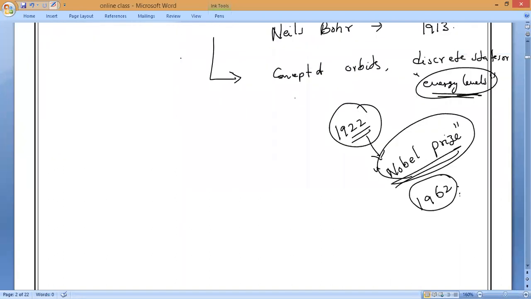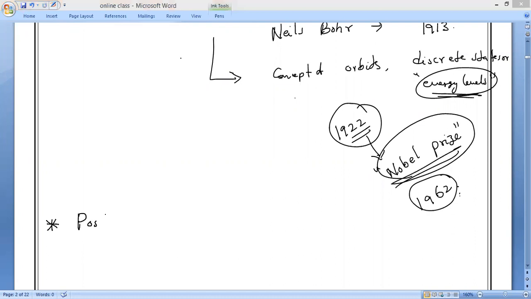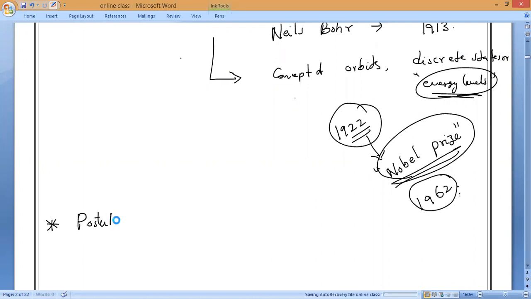That is what Mr. Bohr proposed. So write the heading: postulates of Bohr's atomic model.